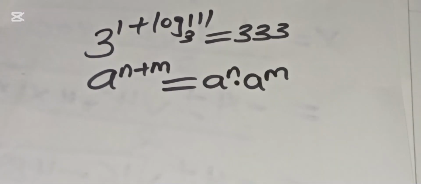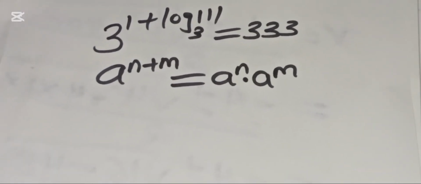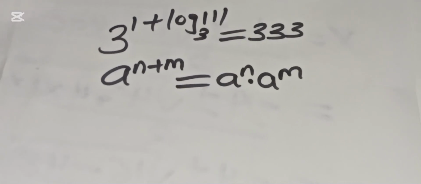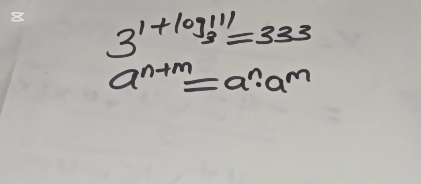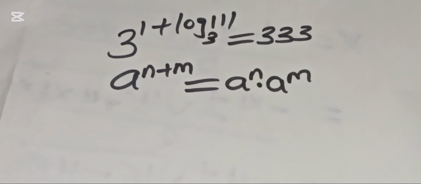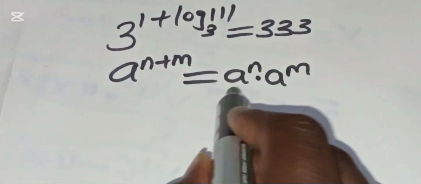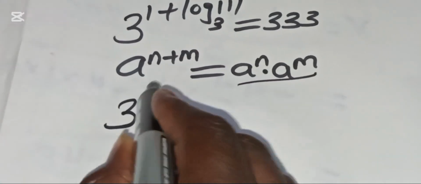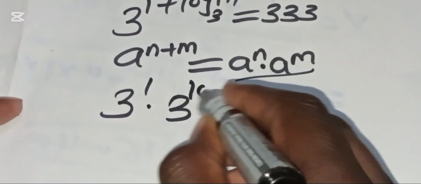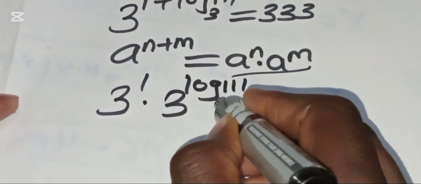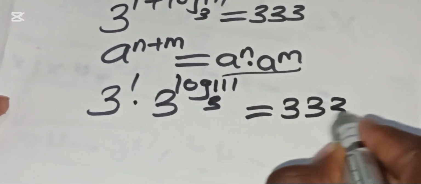Let's apply this property. We write it as 3 raised to power 1 multiplied by 3 raised to power log 111 to base 3, supposed to give us 333.